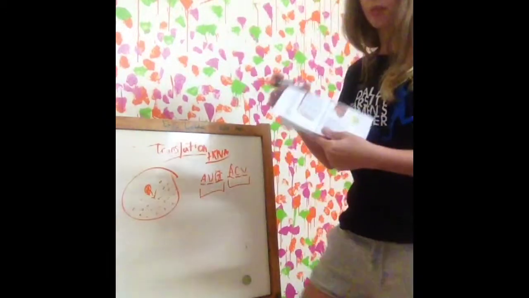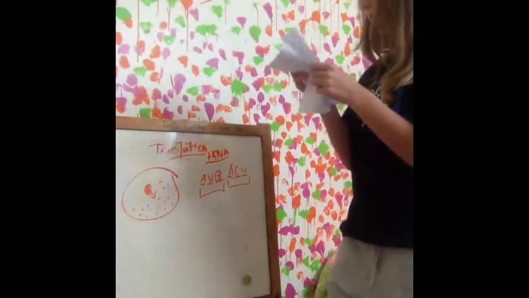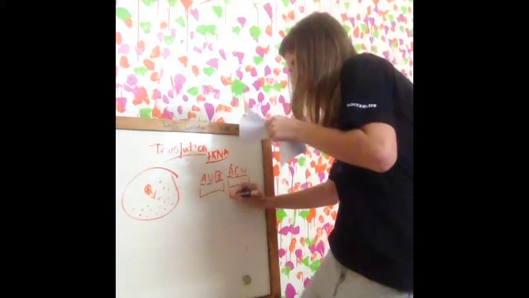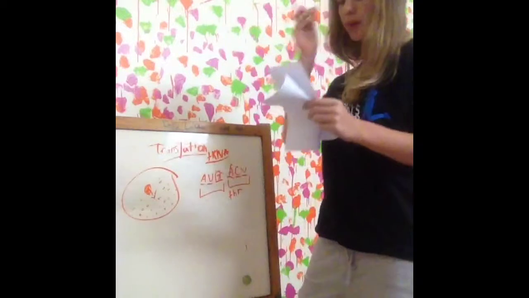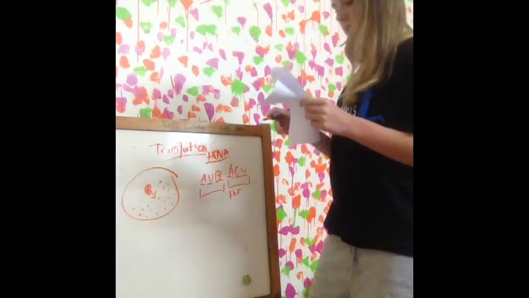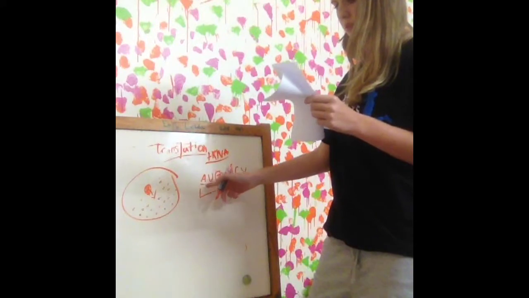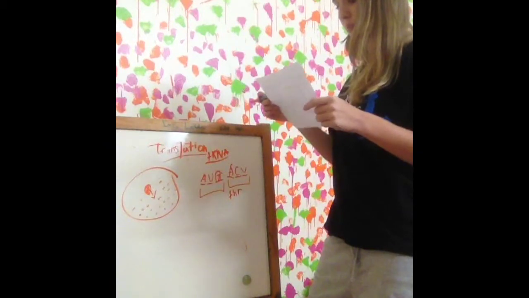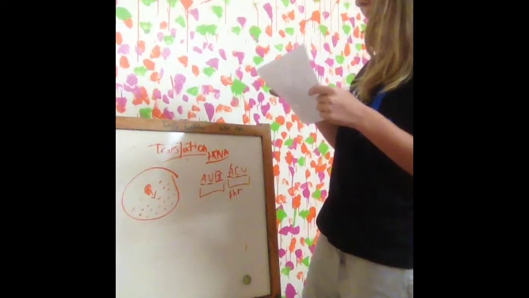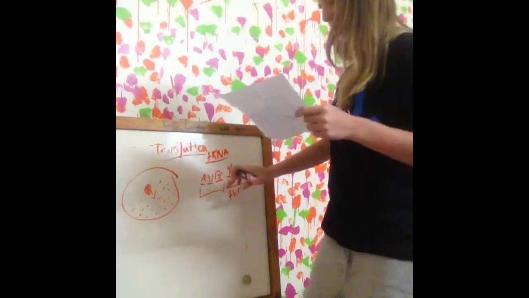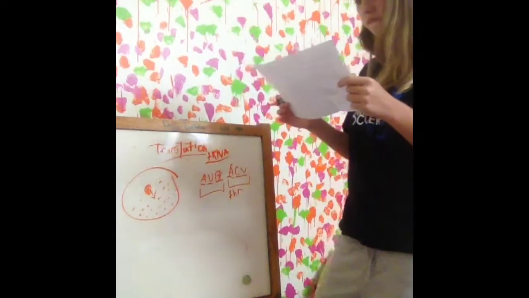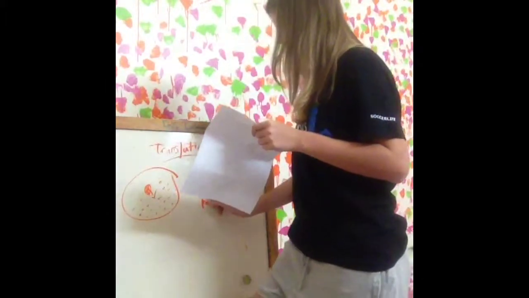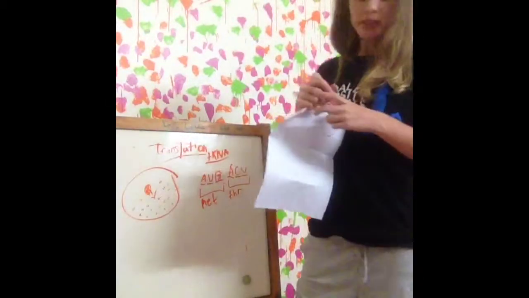So then using this codon chart here, I can tell that because it's ACU, THR would be the amino acid, and AUG is MET. Okay, MET.